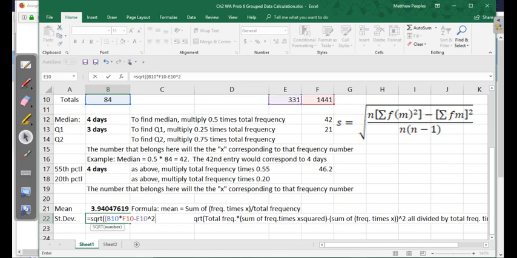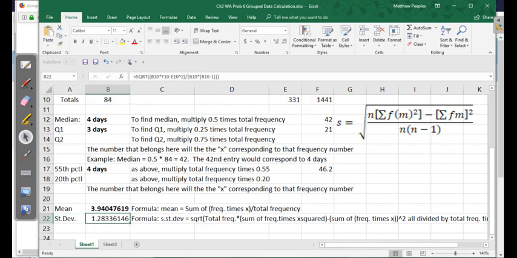Now, I want to be careful because I close off my parentheses. That's this entire numerator. And now I'm going to divide that by the value of B, which is 84, times that value, 84 minus 1, in parentheses. And now I'm going to add one more parenthesis to close off my square root. You saw that flash really quickly when I did that. And there it is. This is my standard deviation.